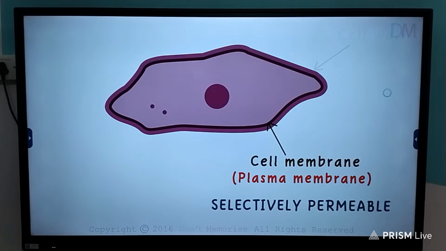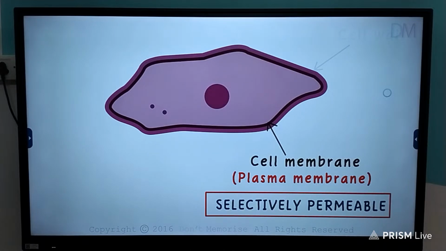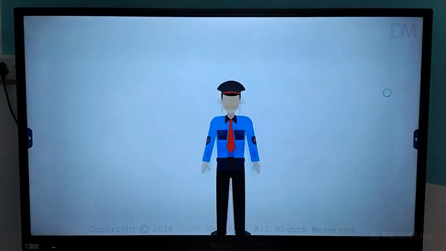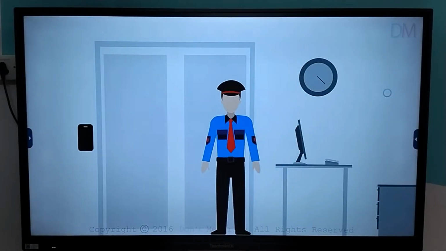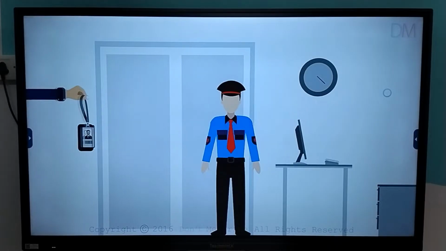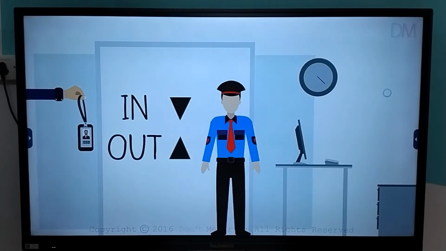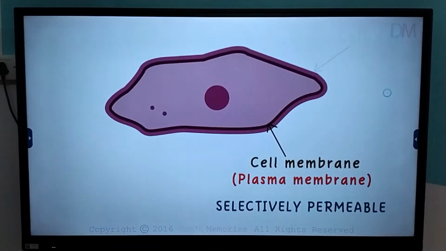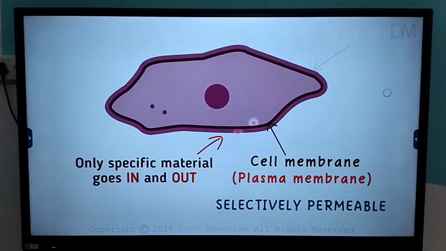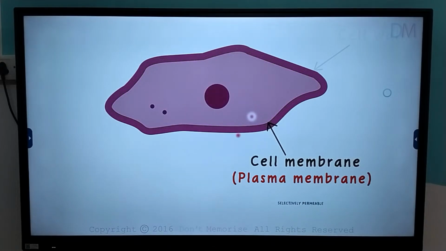The plasma membrane is selectively permeable. Now, what does selectively permeable mean? It is like a guard standing at the office door. Only members with identity cards can go in and come out. In the same manner, the plasma membrane allows only specific material to go in and out of the cell. We will look at this in detail in our next video.